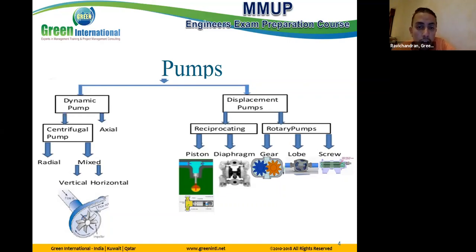What are the types of these pumps? Dynamic pumps include the centrifugal pump, one of the most famous, and also the axial pump. Centrifugal pumps include radial pumps and mixed pumps, vertical or horizontal. This is the famous design for the centrifugal pump.